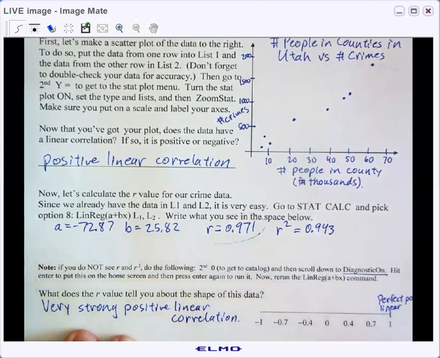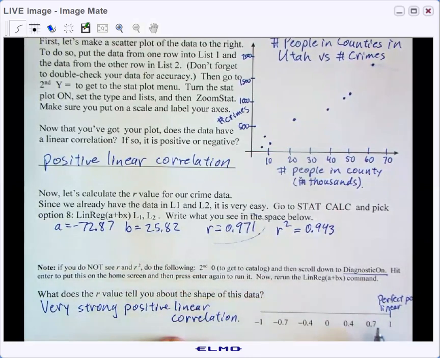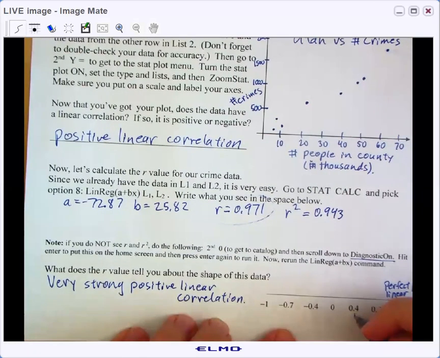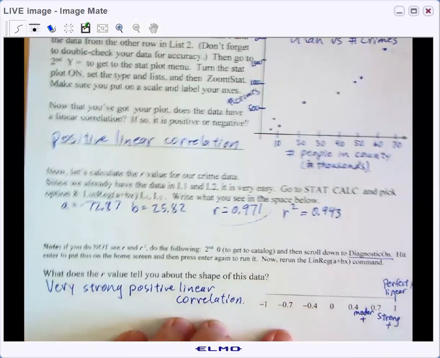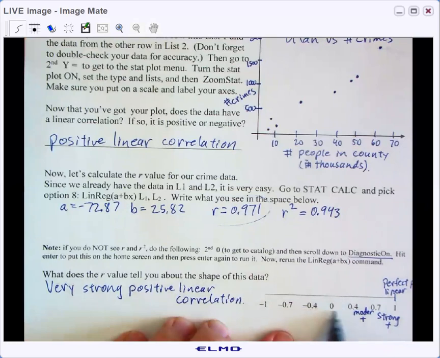Now, there's no hard and fast rule, but R values between 0.7 and 1 are strong positive. Between 0.4 and 0.7, that's a moderate positive linear correlation. Close to 0, this is practically weak or no correlation.